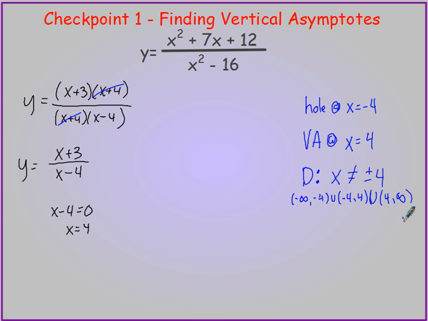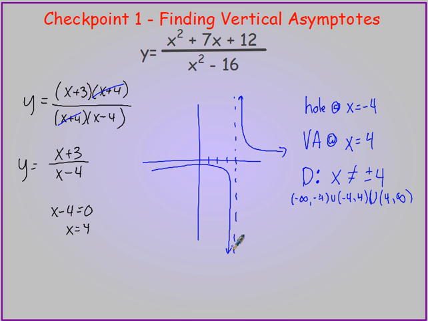What do the holes look like? Okay, so I can sketch this for you real quick. I know I have a vertical asymptote at +4, so 1, 2, 3, 4. So I know there's a line there. You know how the parent looks, right? So it should look something like this. On your calculator, you won't see a thing.